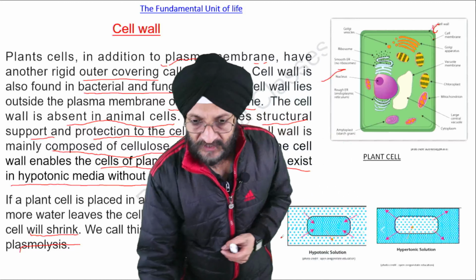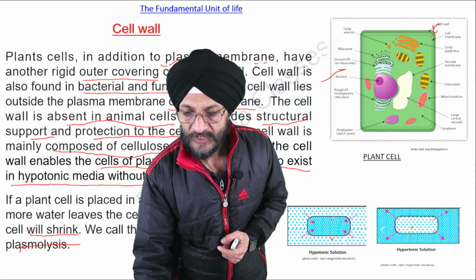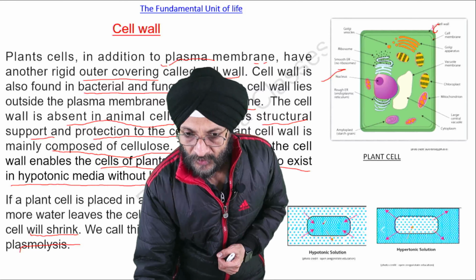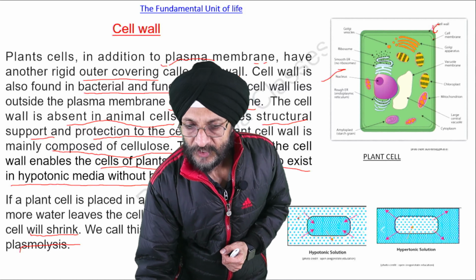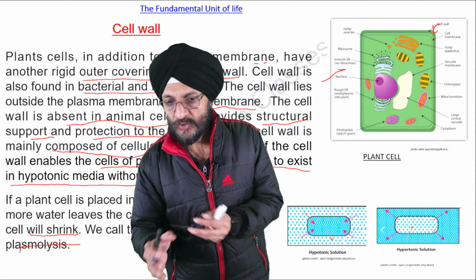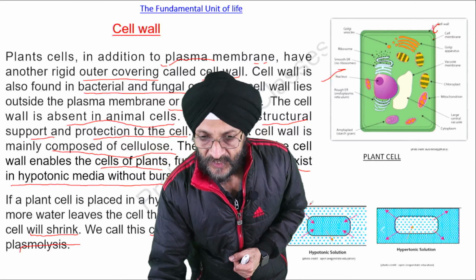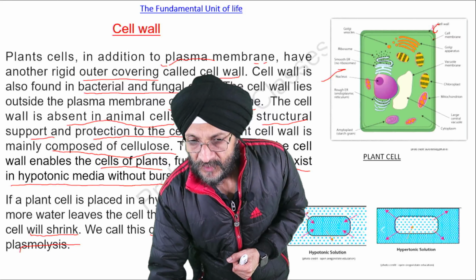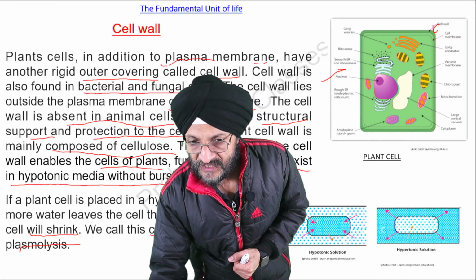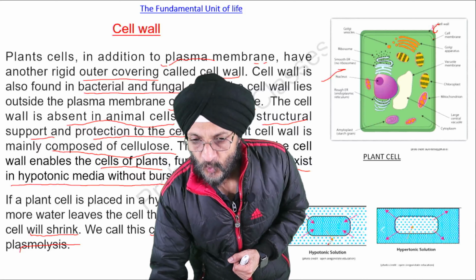We have already learned about the hypotonic solution. A hypotonic solution is a solution in which the solutes are present in less quantity as compared to the solution inside the cell. When the plant cell is placed in hypotonic solution, more water will come inside the cell than going out.